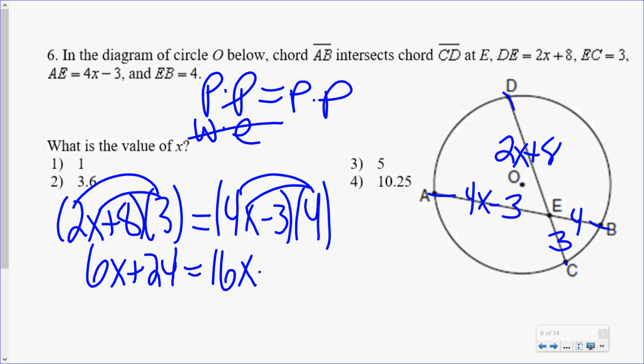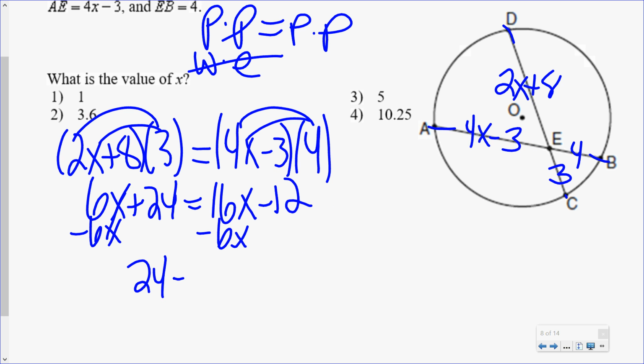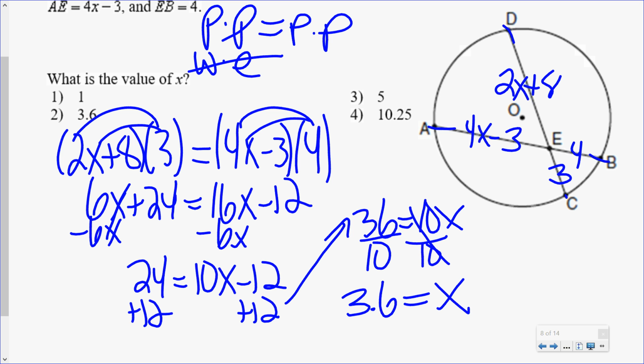Equals 16x minus 12. I do the algebra. x is 3.6.